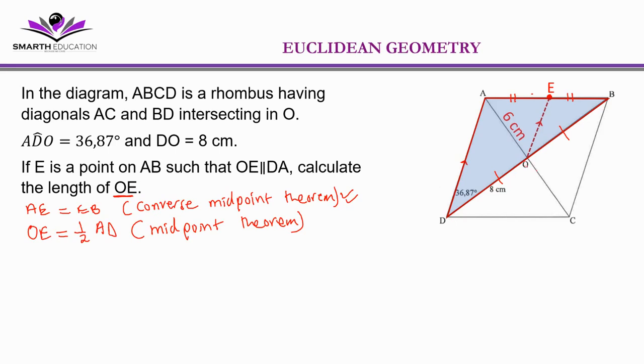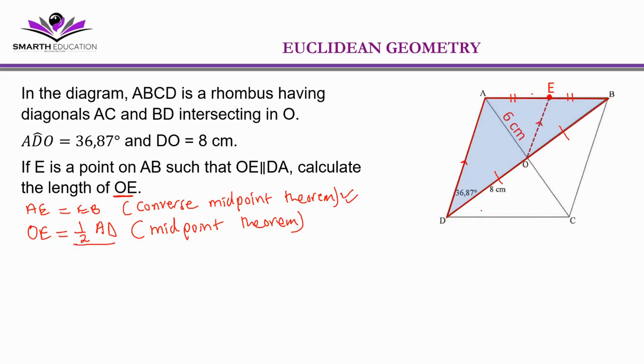The line segment joining the midpoints of two sides of a triangle. Right, we have the line segment OE joining the midpoints of the two sides of the triangle. The line segment joining the midpoints of two sides of a triangle is parallel to the third side and equal to half the length of the third side. So that's why I'm saying OE is half of AD.